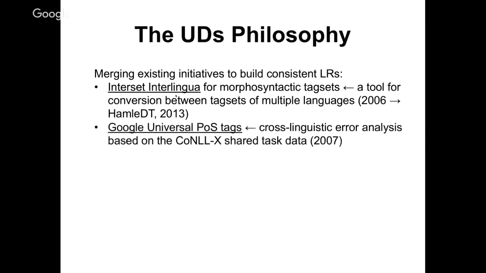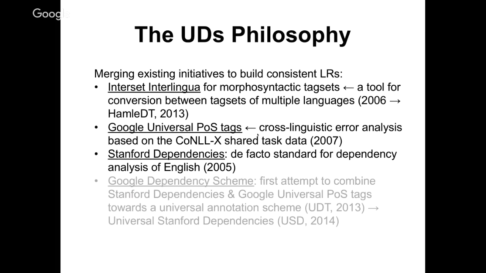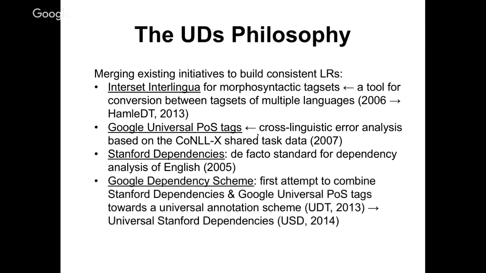The second initiative was the Google Universal Part-of-Speech Tags, which was a tagset built for the CoNLL shared task in 2007. And then the Stanford Dependencies, which from 2005 were the de facto standard for dependency analysis of English. And finally, the Google Dependency Scheme, which was really the first attempt to combine the Stanford Dependencies and the Google Universal Part-of-Speech Tags.